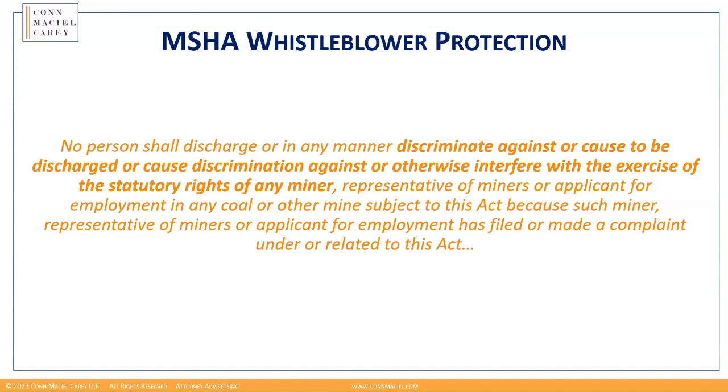And because of that, if they are discriminated against, meaning maybe they're fired, maybe they're suspended, maybe they're given a night shift for a month, which is seen as punitive, whatever it might be, that can be discrimination, right? And then they're going to have protections under the whistleblower section of the Mine Act.